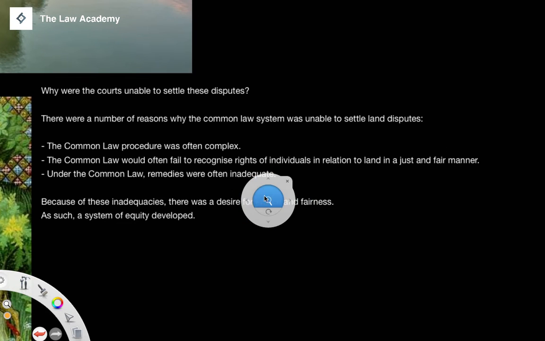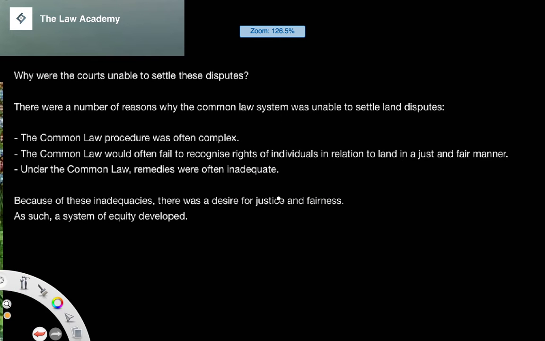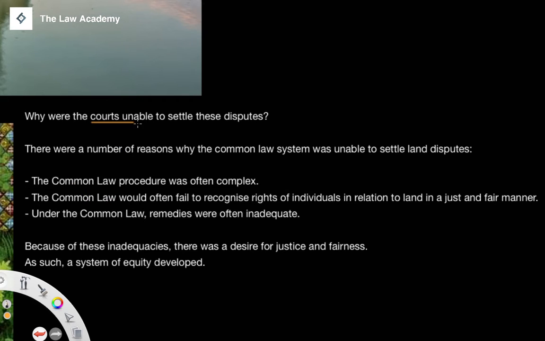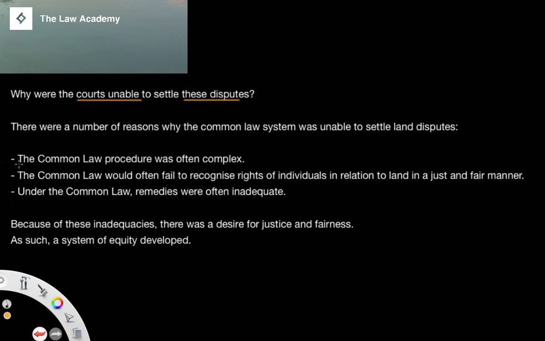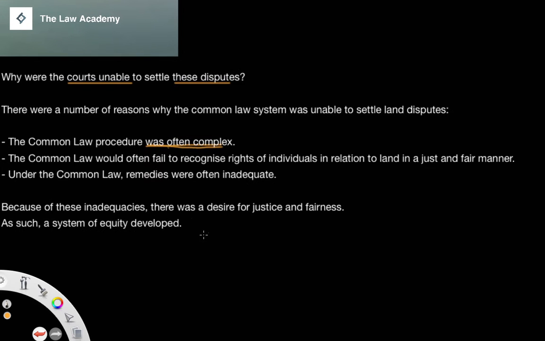So the first question really is, why were the courts unable to settle these disputes? Because these disputes were unable to be settled in a number of cases, and there are a number of reasons for this. For one, the common law procedure was often too complex, so it was often incredibly complicated, the procedure to bring about a claim when it comes to land.